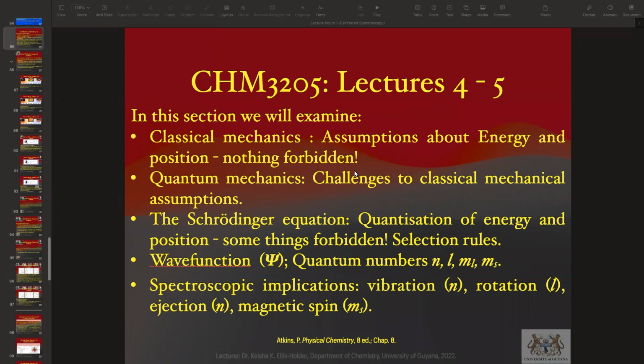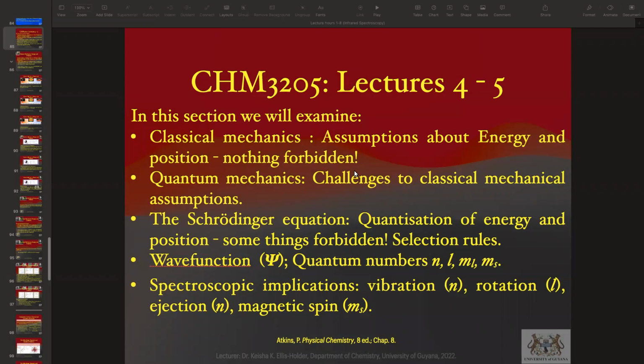So essentially the Schrödinger equation and how it has been used to amplify the concept of quantization, as well as selection and selectivity in terms of how energy is accessible in specific ways in systems. All right. So we know about quantization, but Schrödinger's equation now allows us to display that quantization in ways that are unique and specific to every individual system. While we know that no two systems are alike, we do know that they also have similarities with respect to the principles that guide the dynamics of those systems.